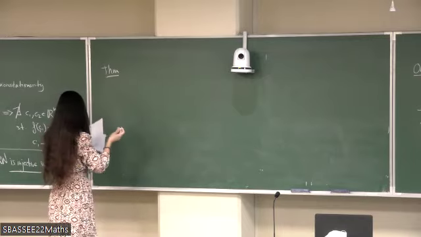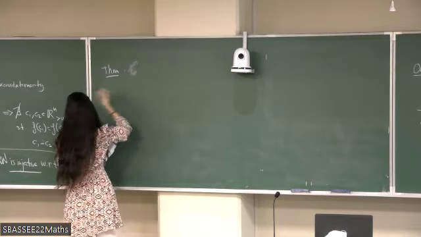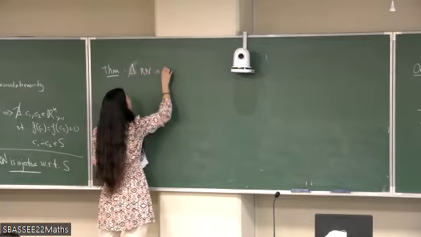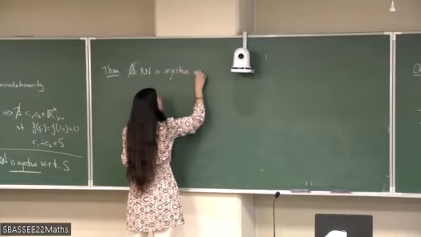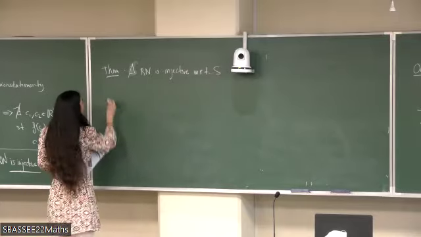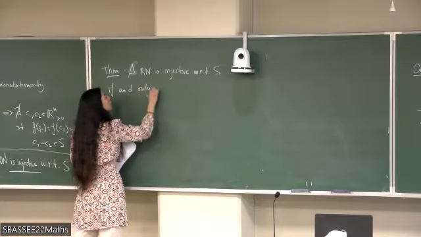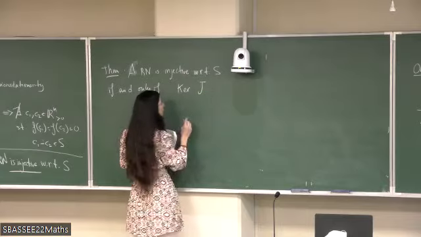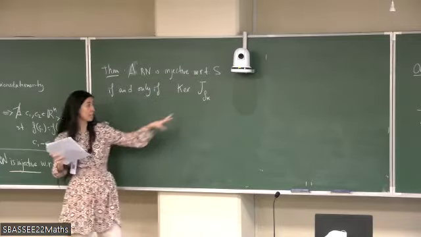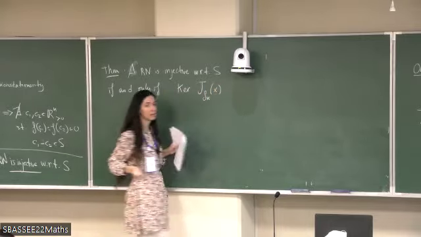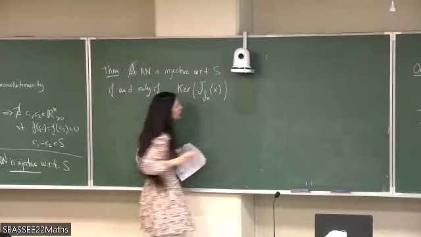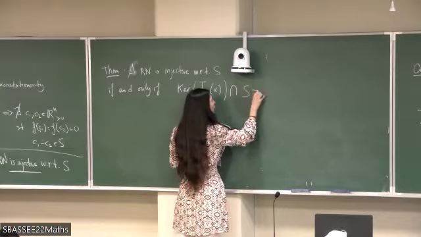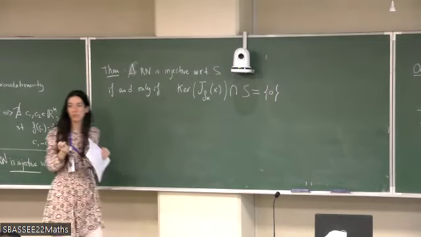Then there is a result that tells me that a reaction network is injective with respect to S if and only if the Jacobian of F, which depends on k, of course, so the Jacobian with respect to x as a variable, is non-singular with respect to S, or in other words, the kernel of the Jacobian has trivial intersection with the stoichiometric subspace.